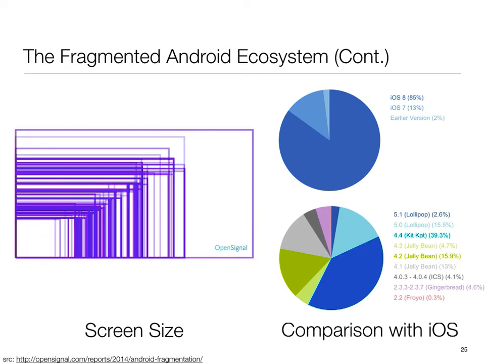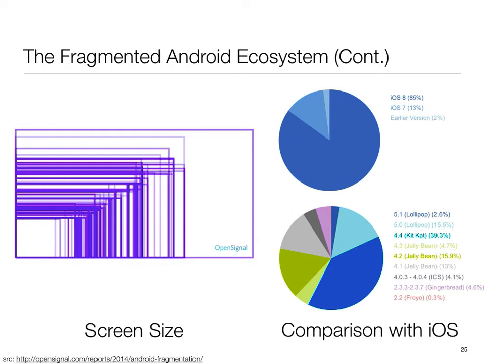This is not an advertisement for Apple, by the way, but I feel like this presentation is coming off that way. You can see that when iOS 8 came out, it was supported by 85% of devices, whereas only 13% supported up to iOS 7, and only 2% supported anything before that.